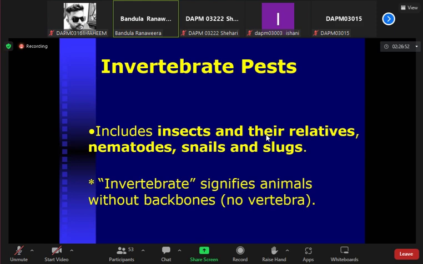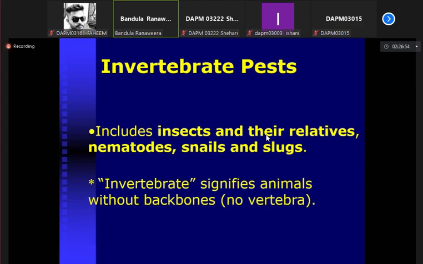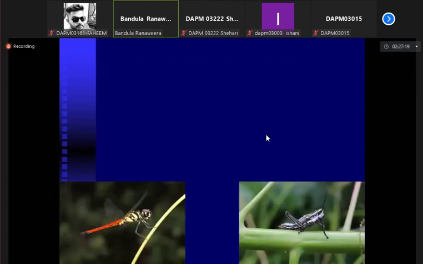So you gave some examples of invertebrate pests earlier, like mollusks or snails and slugs. Then insects, and specifically you mentioned a few insects. So there will be a session on insect pests separately, but for the time being, if we just consider the major characteristics of insects.